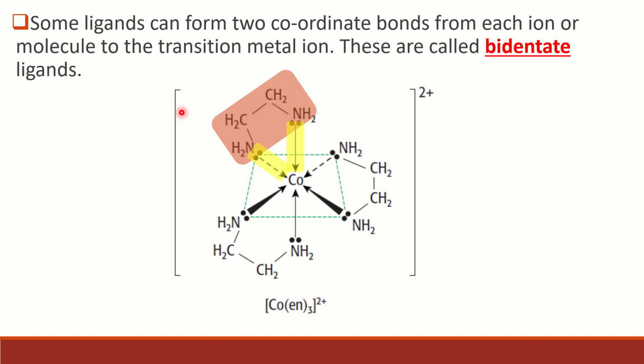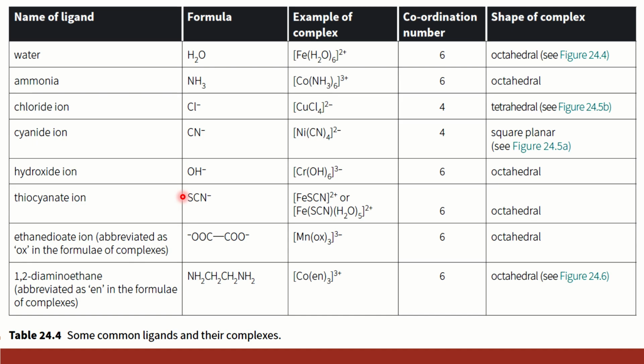So you call this bidentate. Bi means two. Okay, so each molecule can form two dative bonds. So if you look here, this is another molecule and it forms 1, 2 dative bonds at a time with the Co2 plus ion.